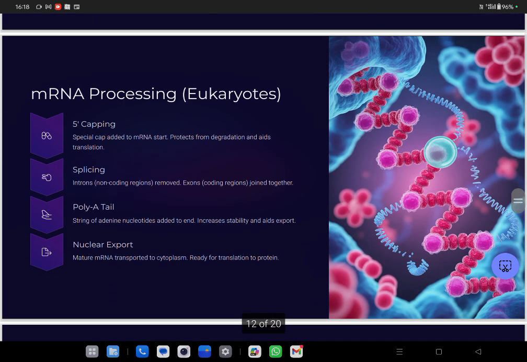The next step is mRNA processing, especially in eukaryotes. In eukaryotic mRNA, certain processes take place, first 5' capping. A special cap is added to the mRNA start. This protects the mRNA from degradation and aids in translation. Then splicing takes place, where introns, the non-coding regions, are removed and exons, the coding regions, are joined together.